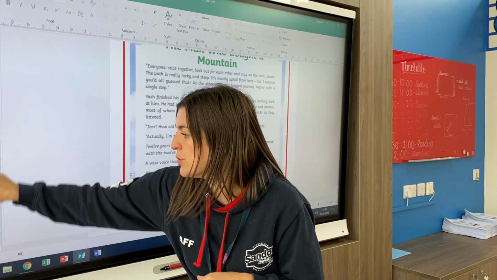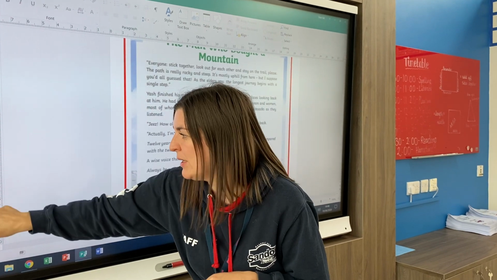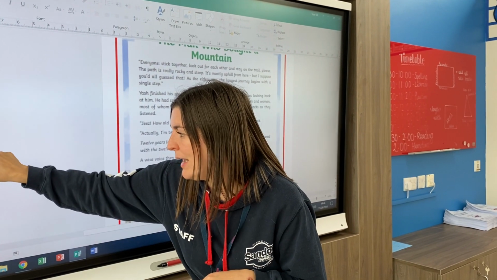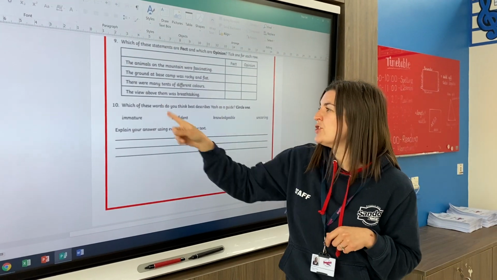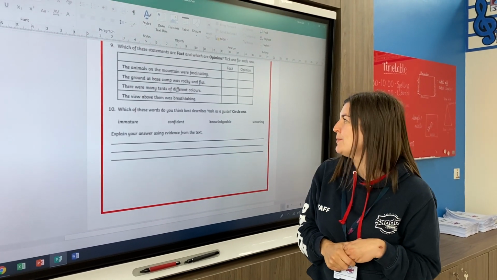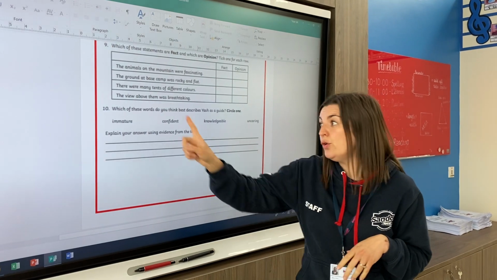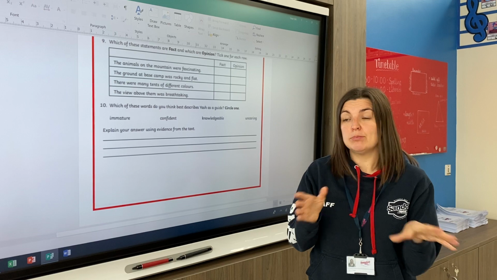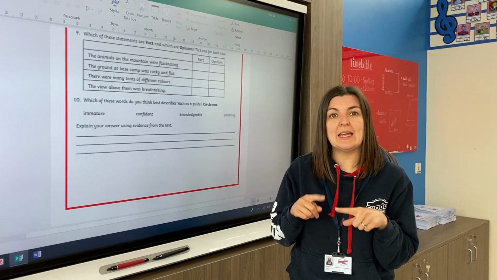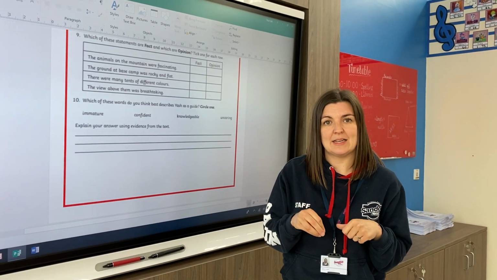So if you look at the hot one, I'm going to look at quite a similar question, but again, I want you to be careful with this one. This question asks you, which of these words do you think best describes Yash as a guide? You've got to choose one of these words. There might be more than one answer, but the important thing is that you use evidence from the text.